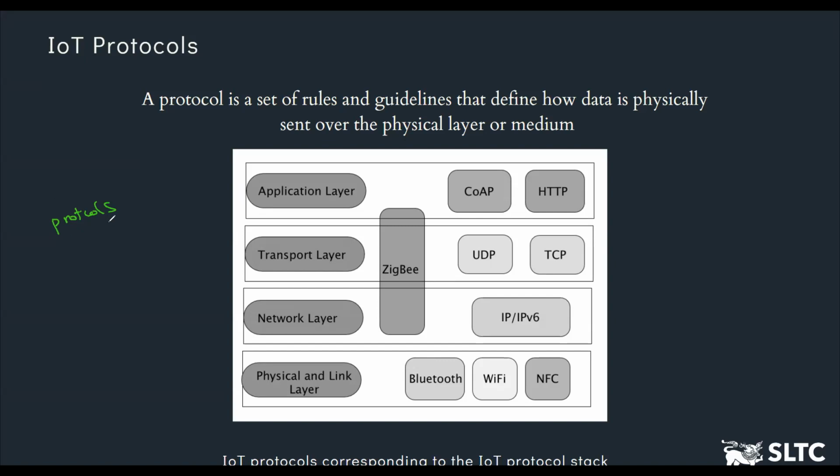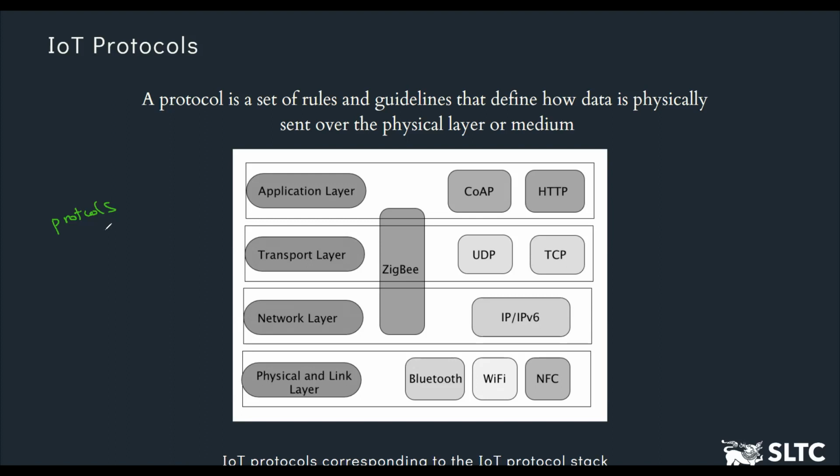The protocols allow us to form a standard of communication. If we don't have a standard, then each device will communicate on its own in the way it wants, but it would not be comprehensible, and the receiver might not be able to understand the data that the device has sent. So each device needs to send data in a certain manner such that the receiver can understand it.